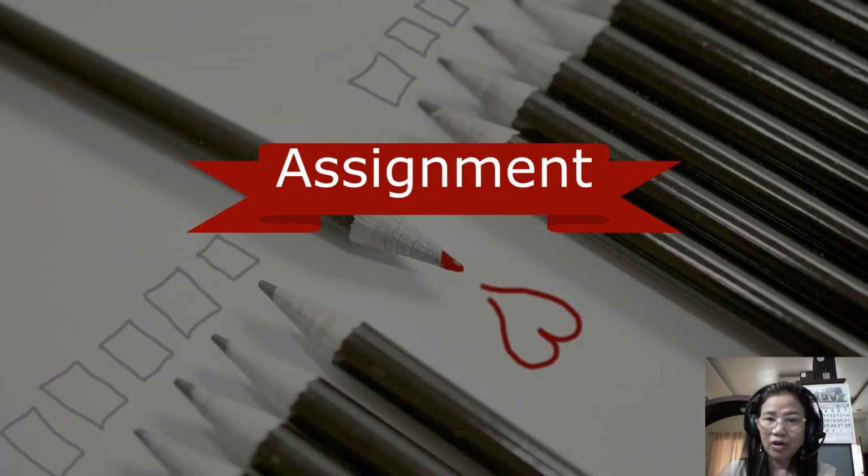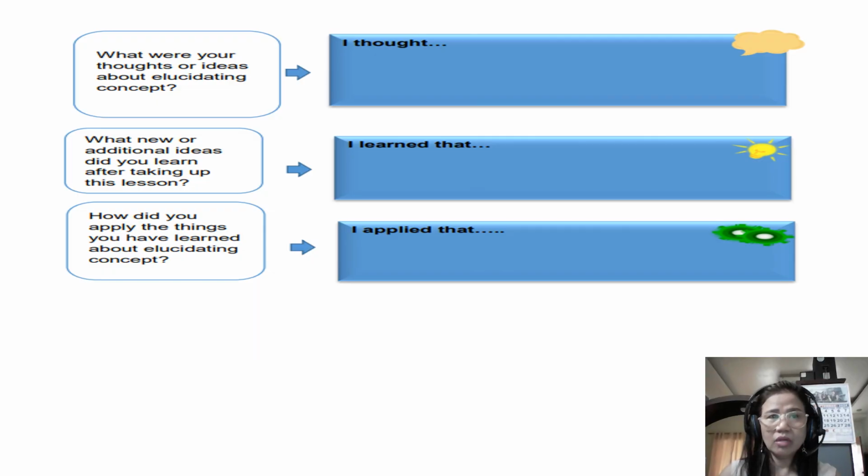Next, for your assignment, I want you to write this on your notebook as well. So this is a reflection. What were your thoughts or ideas about elucidating concept? What new or additional ideas did you learn after taking up this lesson?